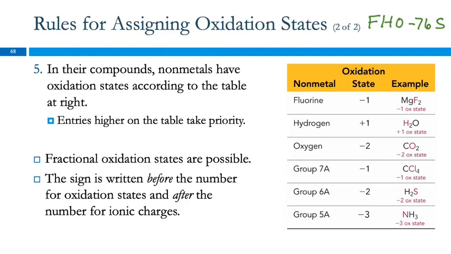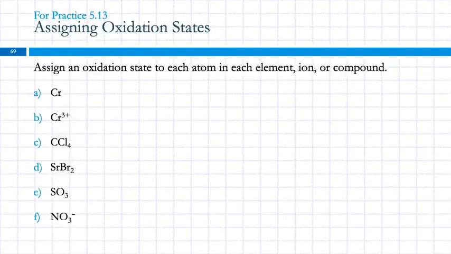And just so you don't get confused by what I'm doing, the sign is written before the number for oxidation states, after the number for ionic charges. I'm not going to hold you to that, but I follow that most of the time, and so I'm not just being random, I'm actually doing it for a reason. Okay, so let's do some examples here.